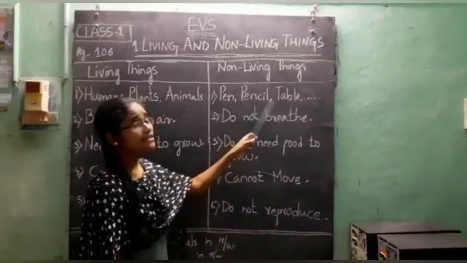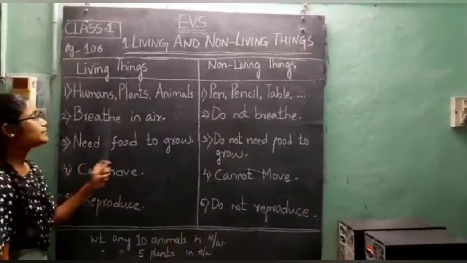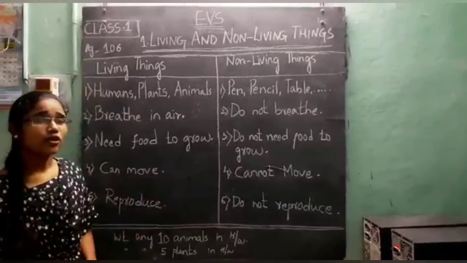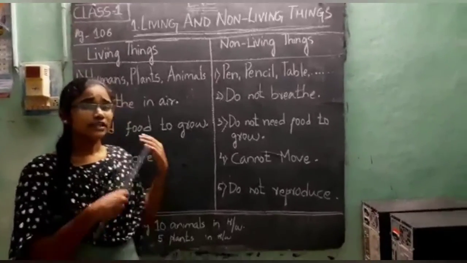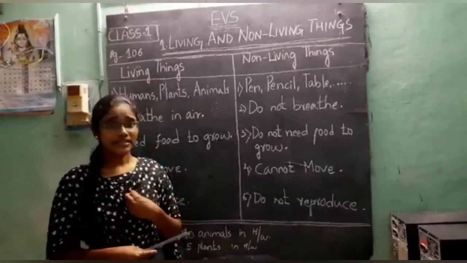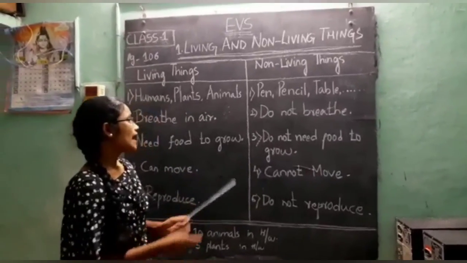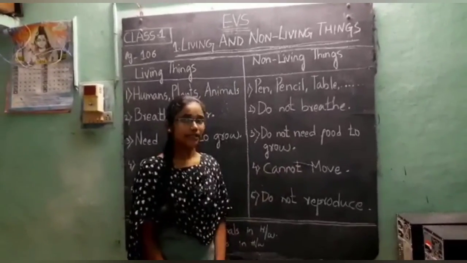These are called non-living things. Now the second one is breathing air. The living things breathe in air. Let's take an example of a cat. The cat breathes in air, and non-living things do not breathe.